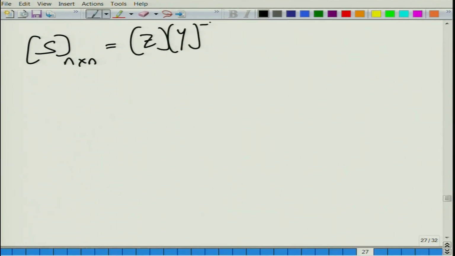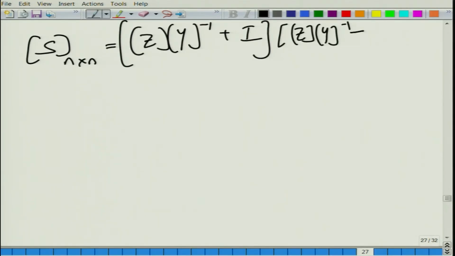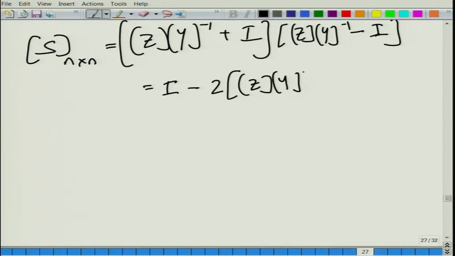Y matrix, Y inverse plus I, Z into Y inverse plus minus I is equal to I times minus 2 Z Y inverse and plus I. Okay. So, you will get this sort of a thing. So, this is your S matrix.